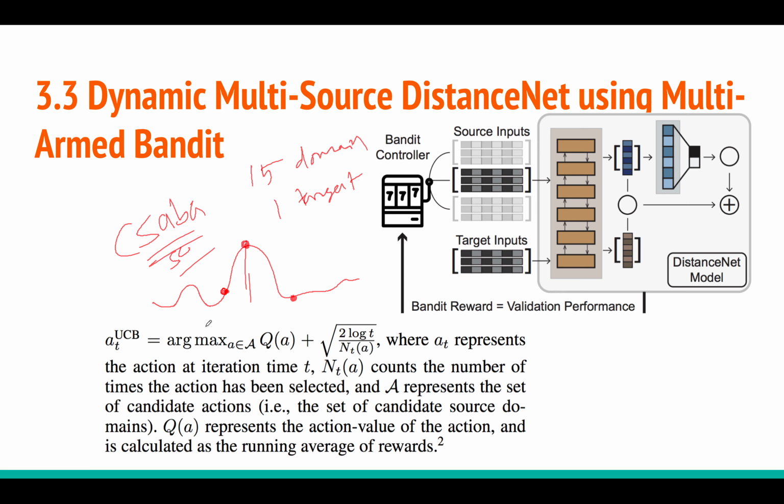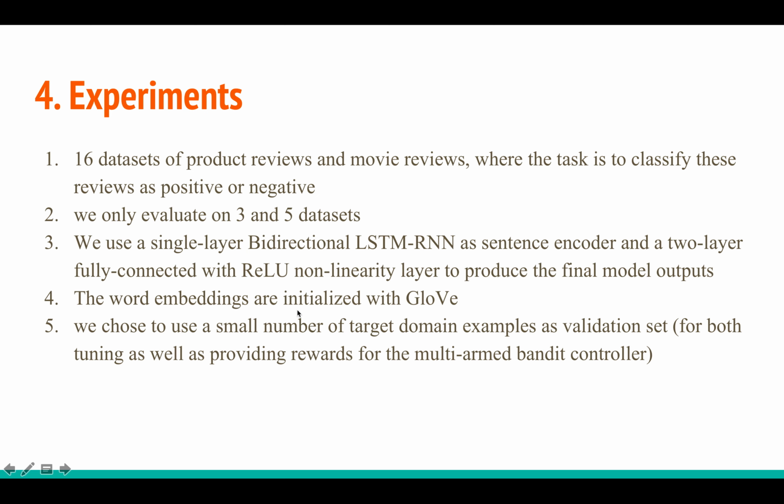But in this case, they are using something called UCB, the upper confidence bound algorithm, which is a 2002 paper, I think, and they're using this function to do the training of this multi-arm bandit setting. You can read more about these multi-arm bandit models online. There are so many books available, and there are a lot of resources like tutorials. You can just go and watch them.